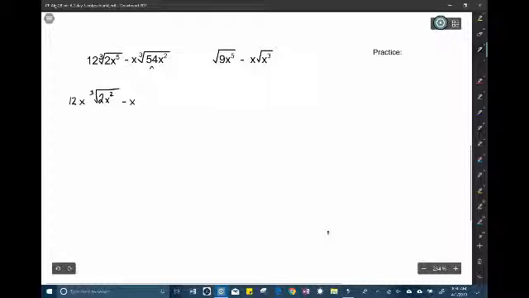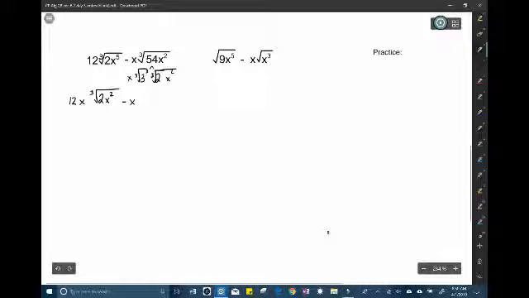Let's break up the 54 though. That would be the same as 27 times 2, so 3 to the third times 2. Okay, and the x, and then x squared.